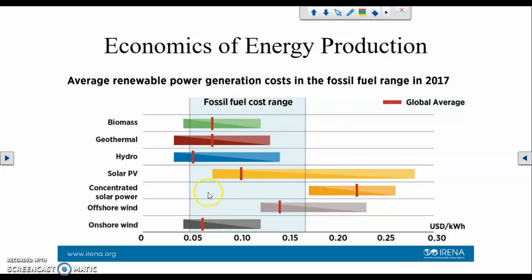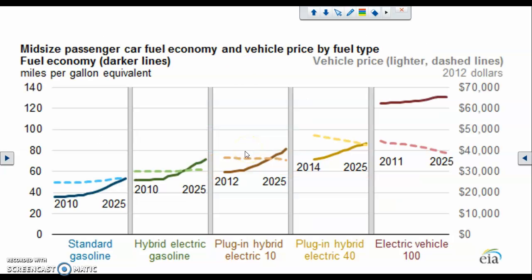So right now there's really no economic imperative for us to be using fossil fuels, because most renewable fuels are comparable or even cheaper than the fossil fuel average. Obviously, the big problem here is batteries and the way that we store energy from these sources. So we're going to be talking about that.